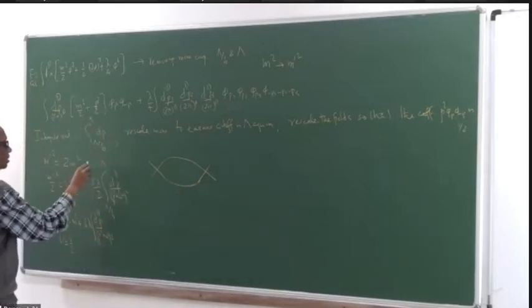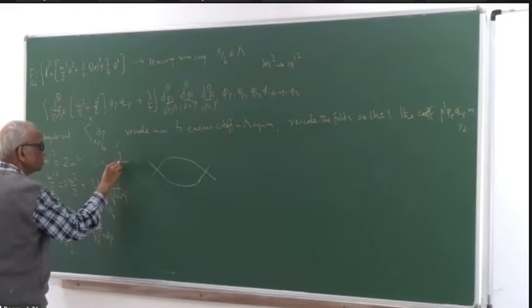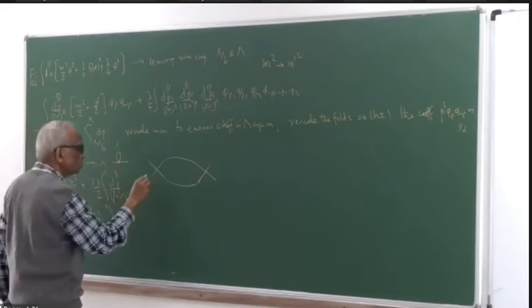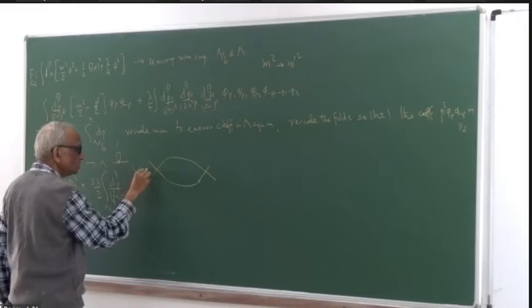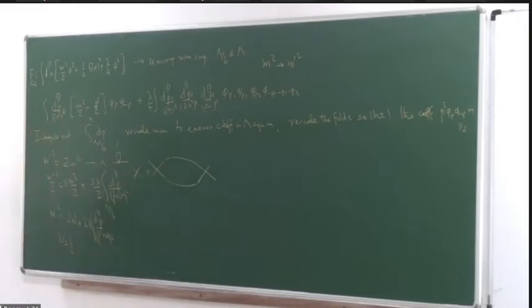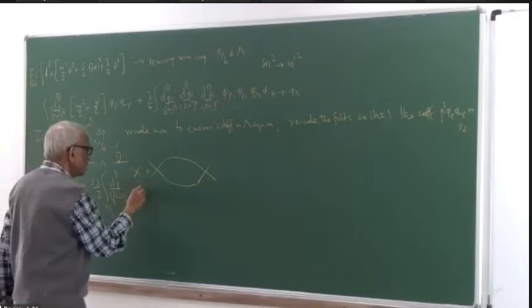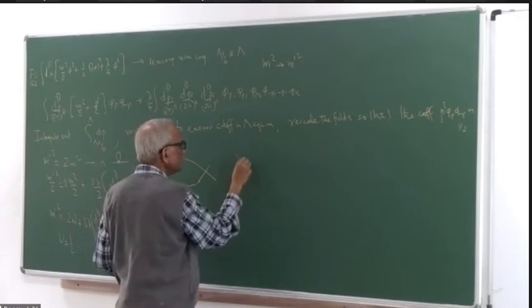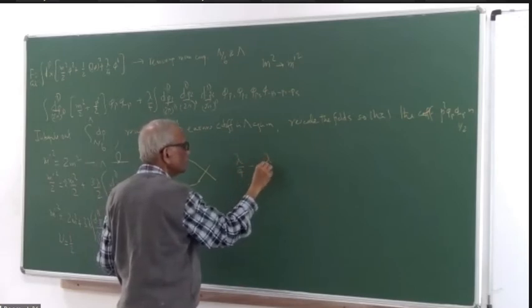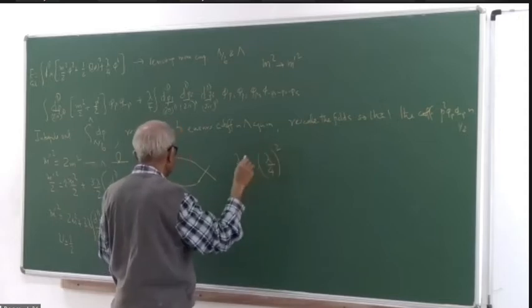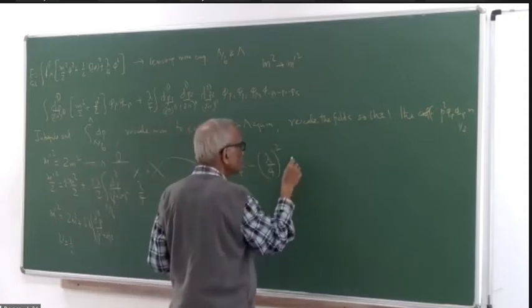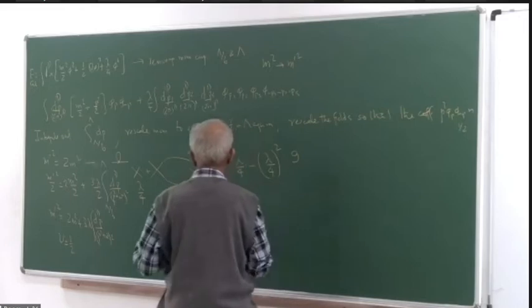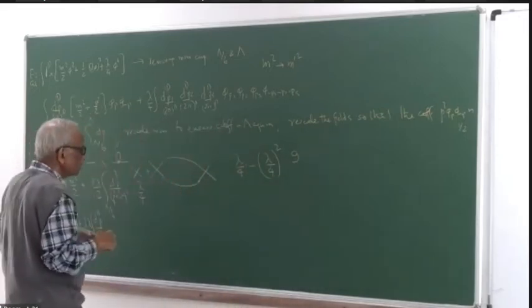The lowest order is this, and then the correction is this. It is λ/4 minus (λ/4)² coming from these two vertices. Then there is 9, which was the combinatorial factor of this with this.